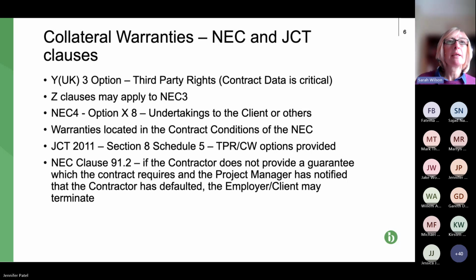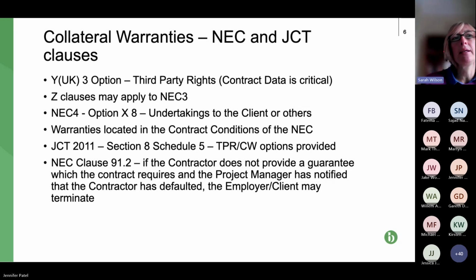Next bullet point down, as we've already seen, JCT has a section on collateral warranties or the TPR. So TPR, third party rights, or collateral warranty options. And I said that we would look at what happens if you are required to provide a collateral warranty and you don't.